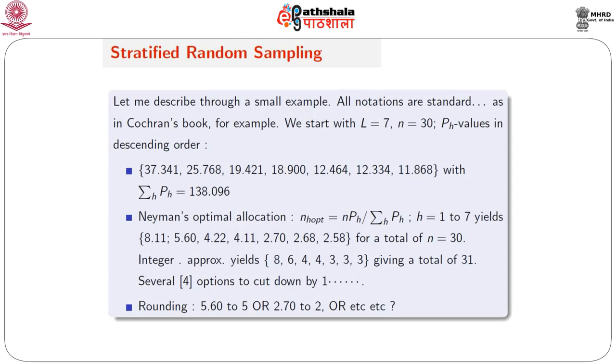So, the P_h values I show in descending order with some permutation of the stratum levels. The P_h values in descending order are 37.341, 25.768, etc. So, it is 37, 25, 19, 18, 12, 11, 12, 11, etc. And the total is this.